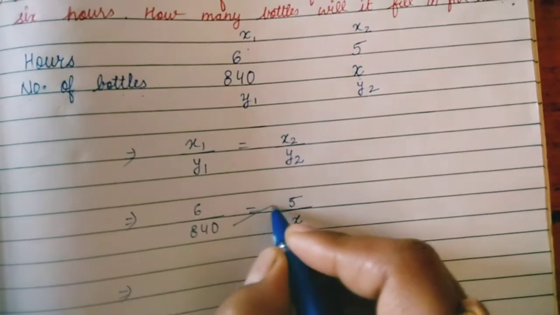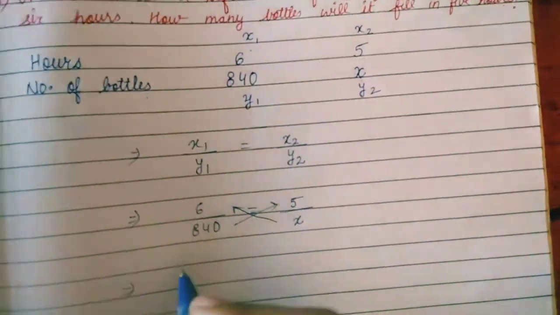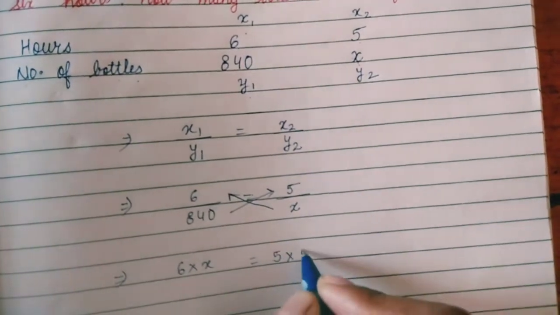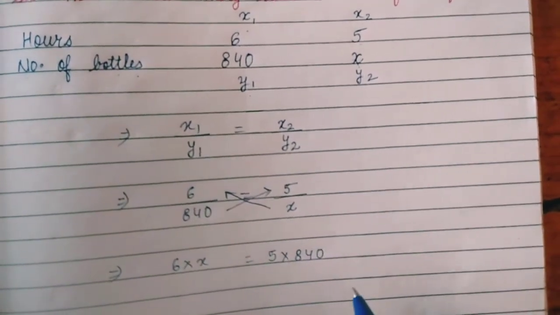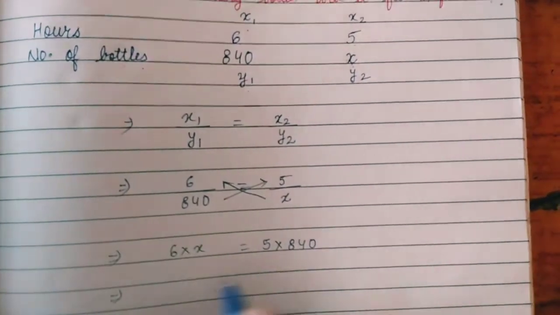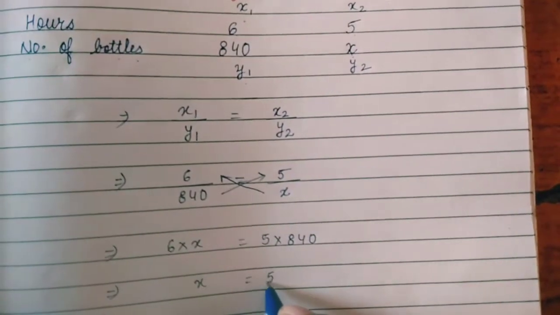Now we will do the cross multiplication. 6 multiplied by x and 5 multiplied by 840. The 6, which is multiplied, will go to the opposite side in division.